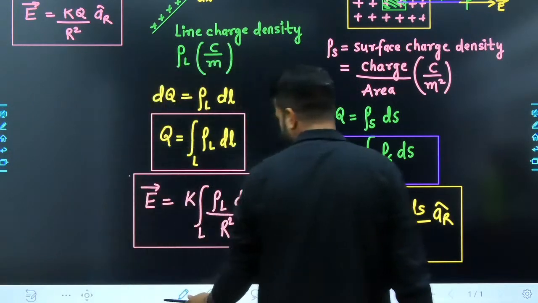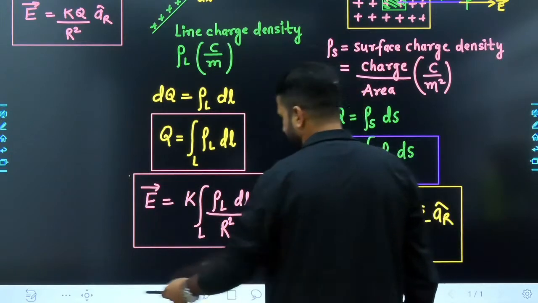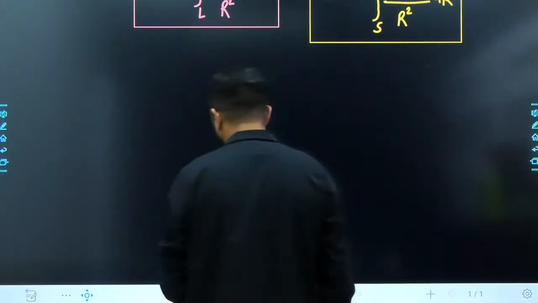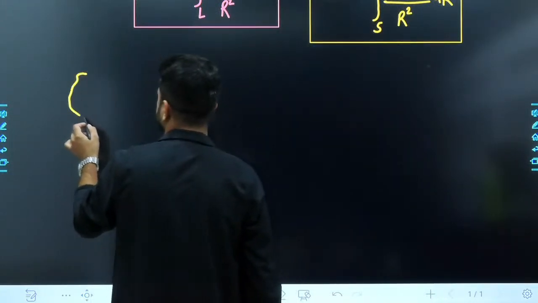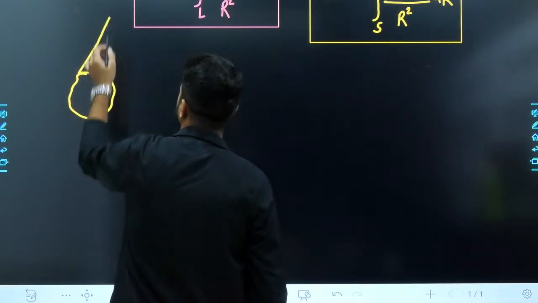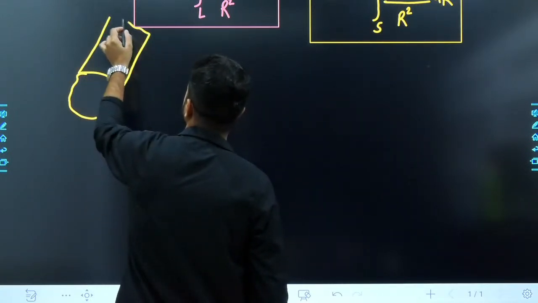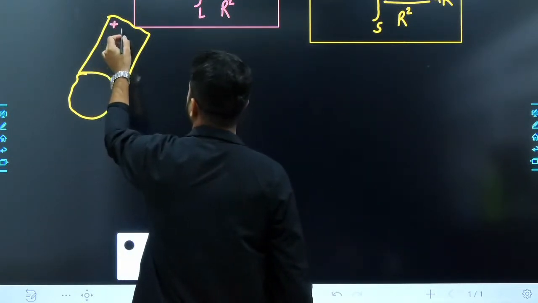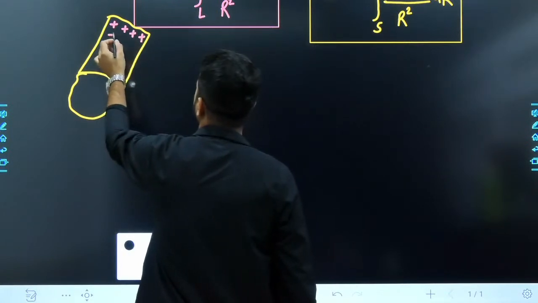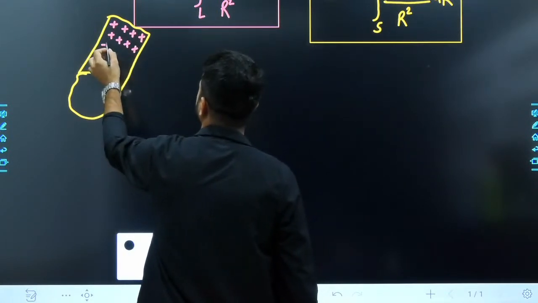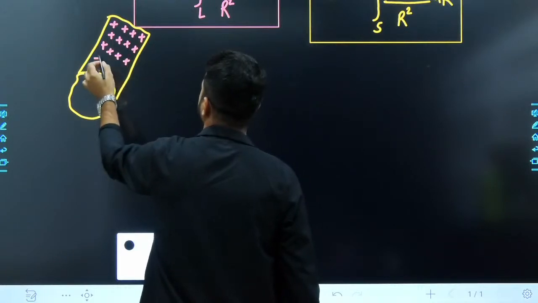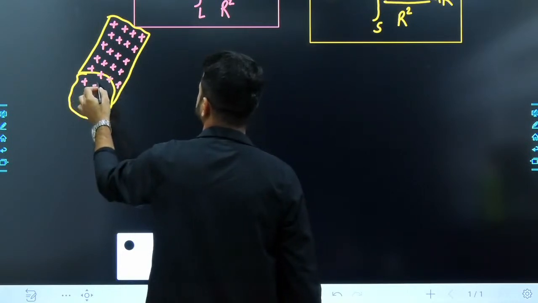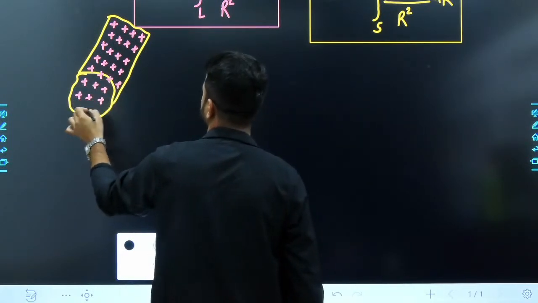Now suppose you want to calculate the charge over a volume. Suppose you are having a volume like this, and the charges are present in this volume in this way.